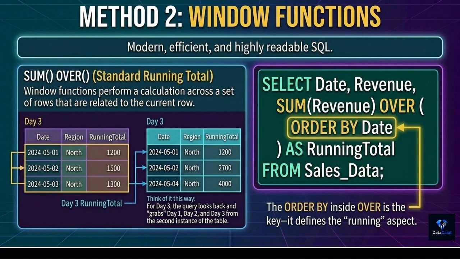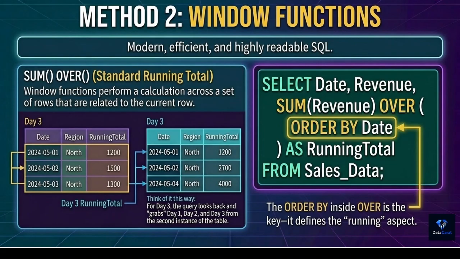Now let's talk about the industry standard, that is window functions. These were built specifically to solve the performance problems and readability issues of the self-join. Here the syntax, that is the sum of revenue over order by the date, is incredibly efficient. Unlike the self-join, the SQL doesn't have to restart the calculation for every row.